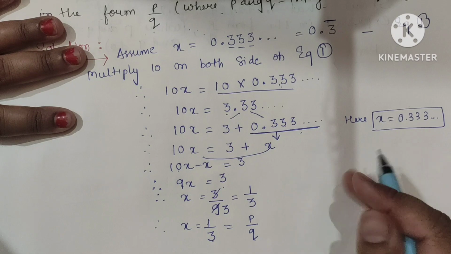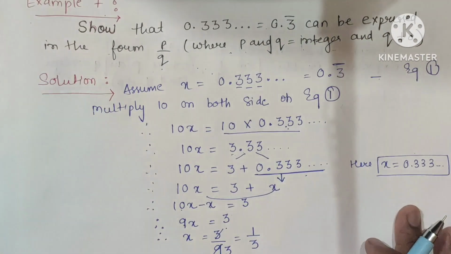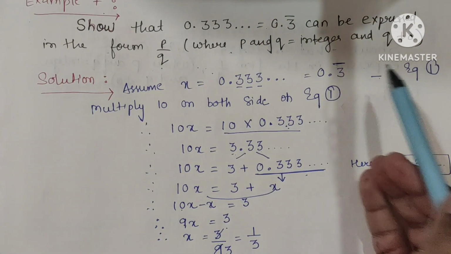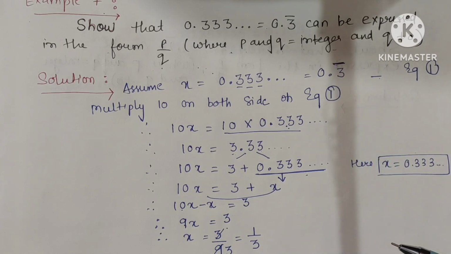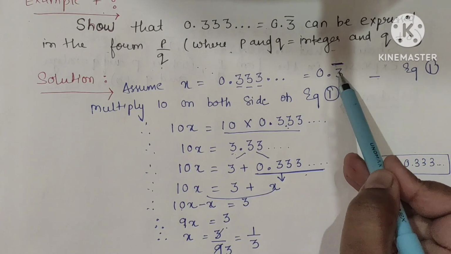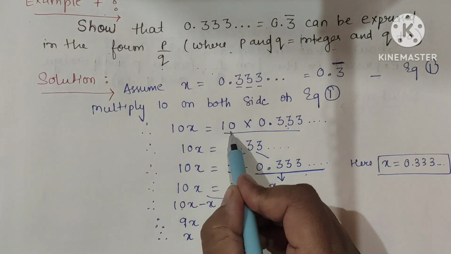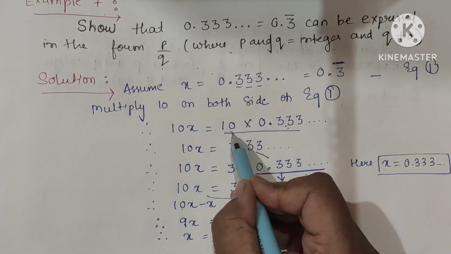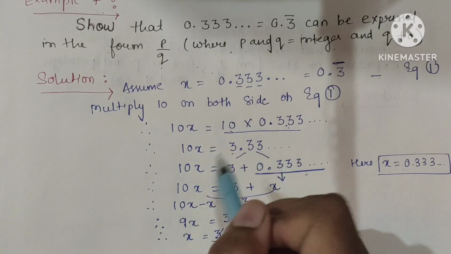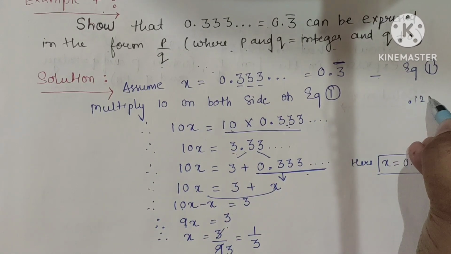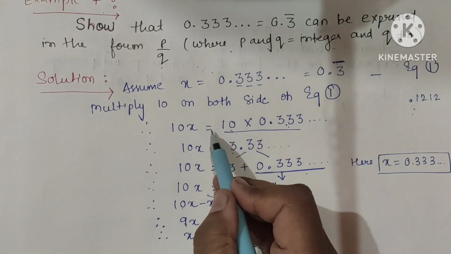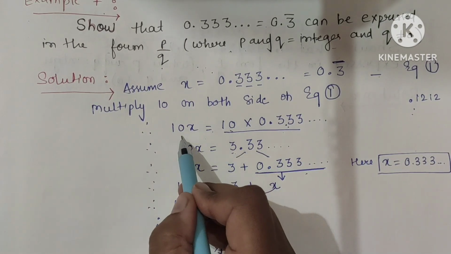So here you first see how many digits are getting repeated, and you multiply on both sides by 1 followed by that many zeros. If it would have been 0.1212, then you would have multiplied it by 100.